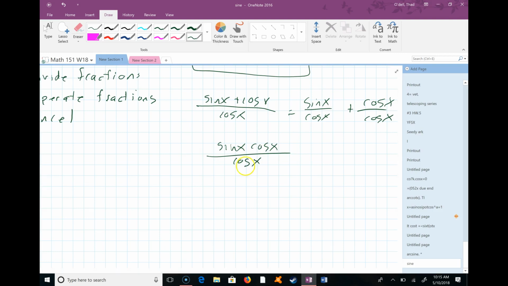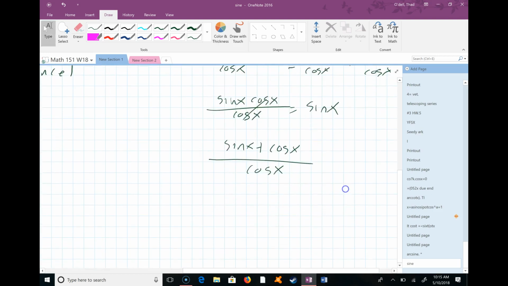I can cancel the cosines, and I'm left with just a sine x. But what if I have sine x plus cosine x over cosine x? Well, there's nothing that can be canceled there. Because cosine is a factor of the bottom, but cosine is not a factor of the top. So I cannot cancel the cosines there.